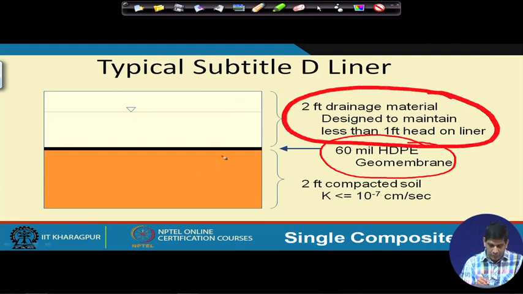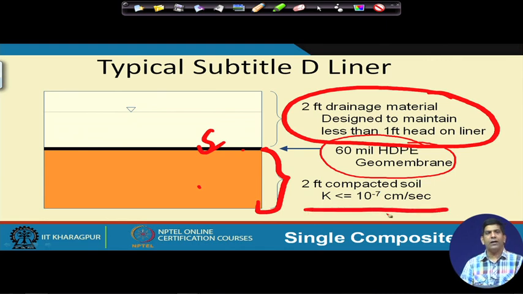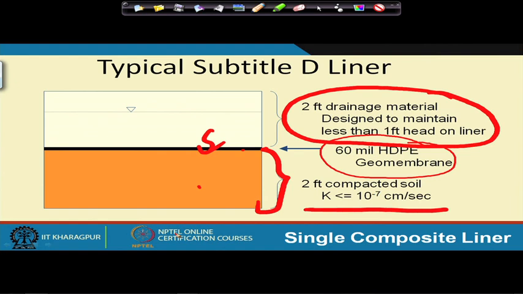So the point is, if the leachate tries to go through, the liner will protect it. If somehow the liner has a breakage, because of the clay layer here, with a permeability of less than 10 to the power of minus 7 centimeters per second, the water will not really pass through, and it will take a long time to pass through.